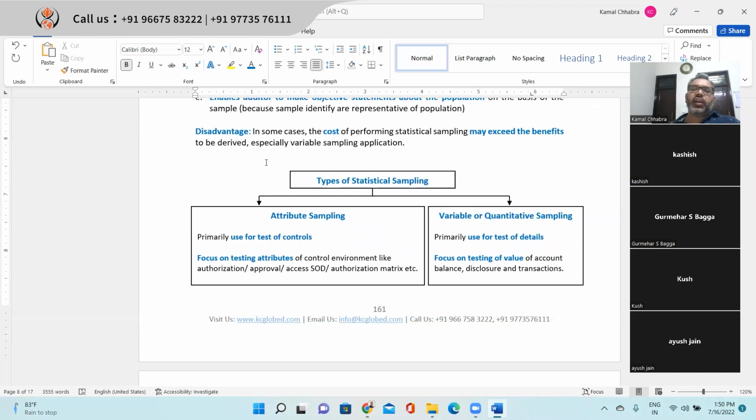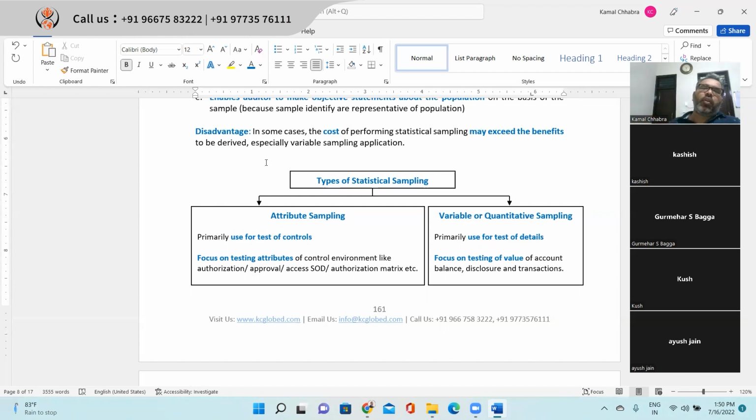Attribute testing is generally used for the test of control purpose. That means whether the respective transaction is authorized, whether the appropriate approval has been taken, whether appropriate segregation of duty was there, whether the authorization matrix has been followed, right? Those all come under attribute. And variable testing, or quantitative testing, is majorly used for test of detail, where the objective is testing the value.